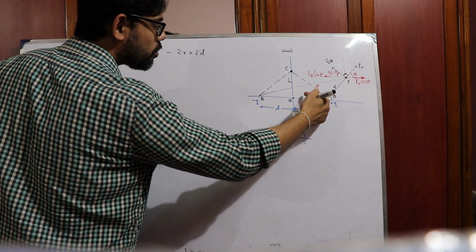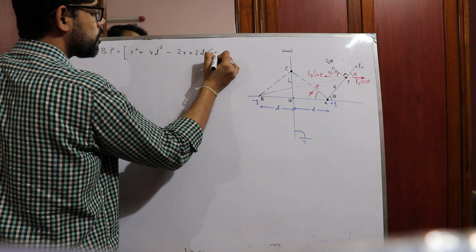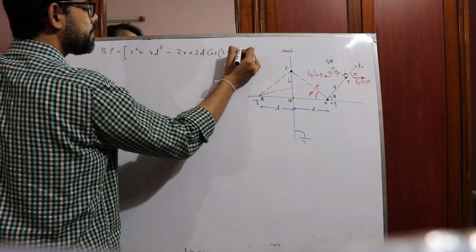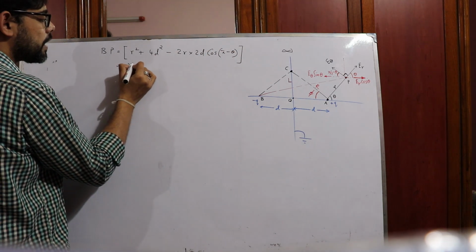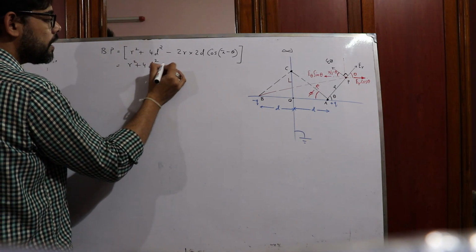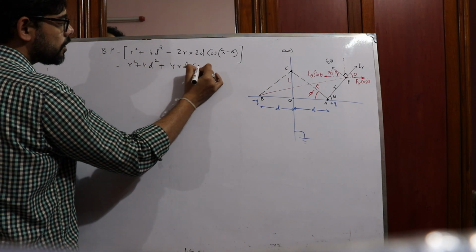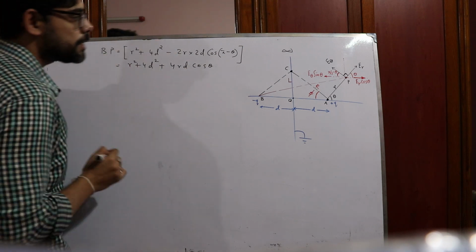This is theta, so this total angle is 180 minus theta, so cos of pi minus theta. So it is nothing but r square plus 4d square plus 4rd cos theta. This is the distance BP squared.